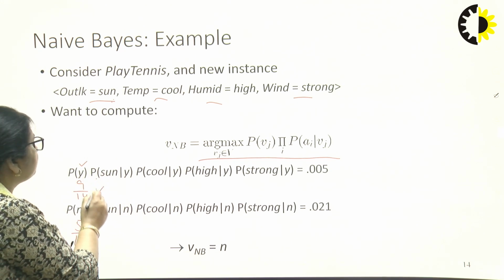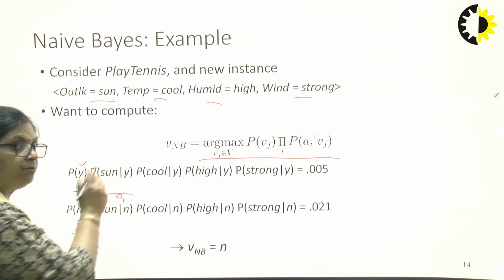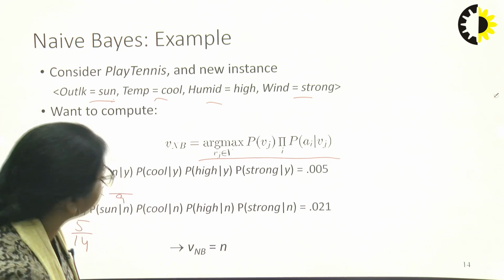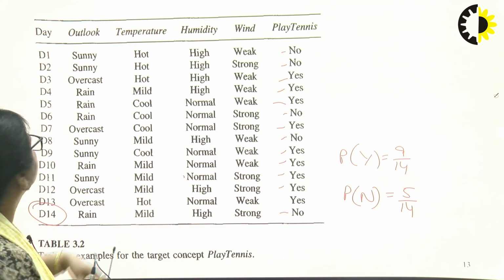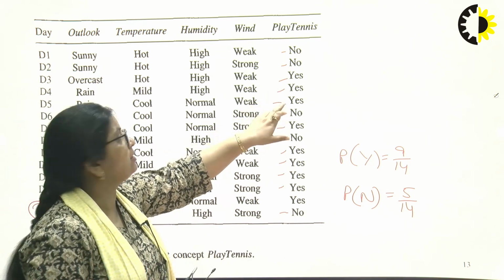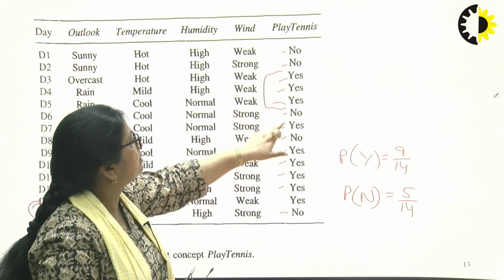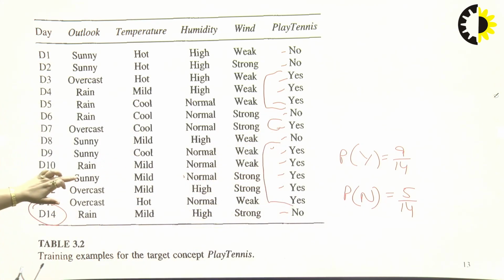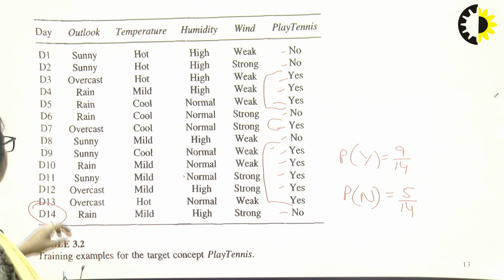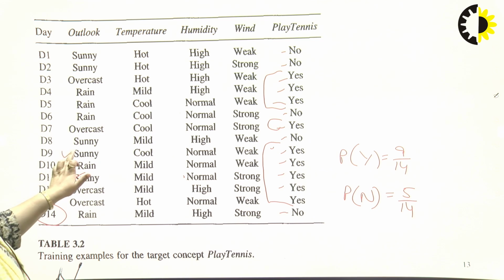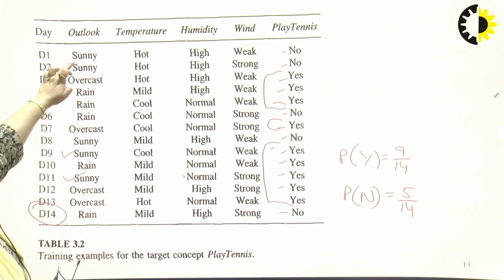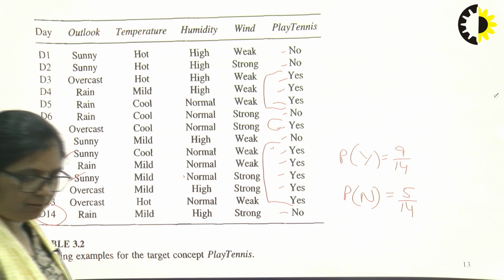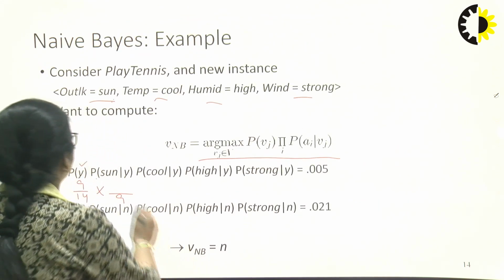Out of the 9 cases of yes, how many are sunny? 1, 2. I am getting 2, and the other 2 are negative. So, it is 2 by 9.